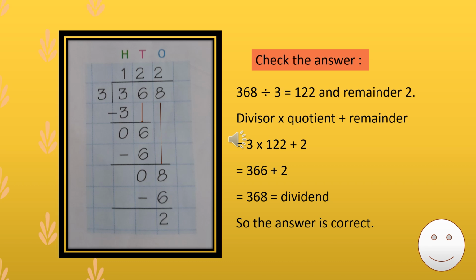So 366 plus 2 will give us 368, which is equal to our dividend, right? We have our dividend 368 and the same we have got after putting the values in the given formula, isn't it? So the answer is correct.